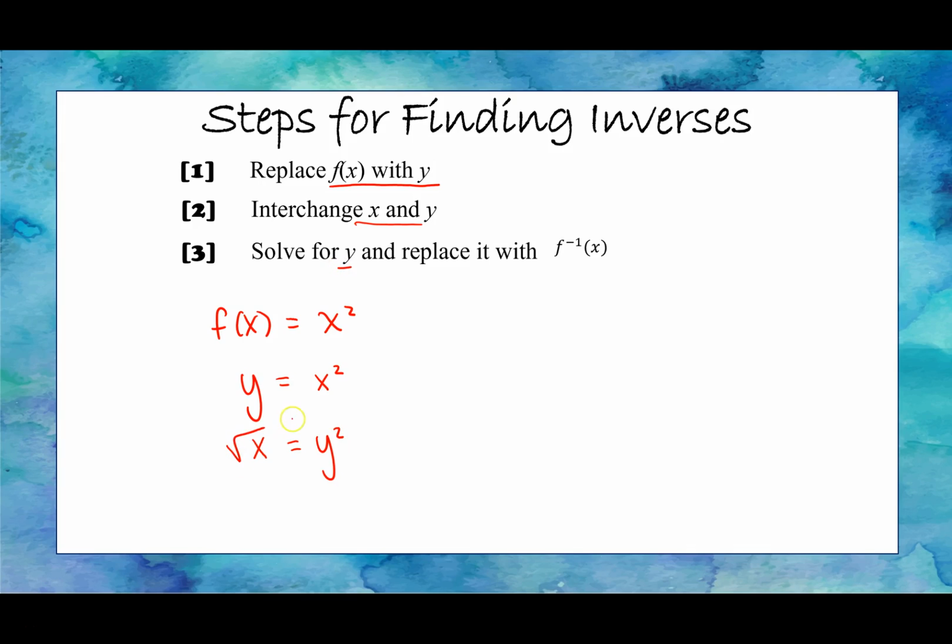So I'm going to square root both sides. It's going to give me y equals the square root of x. It actually gives me plus or minus the square root of x, so we found 2 inverses. And then we're going to take that y and replace it with f inverse of x. We've just proven that the inverse of x squared is the square root of x, specifically plus or minus the square root of x.